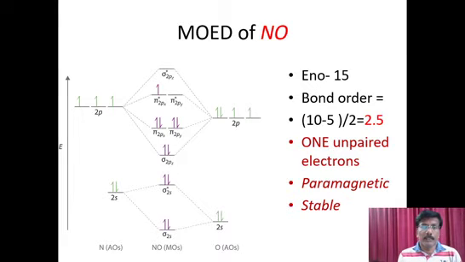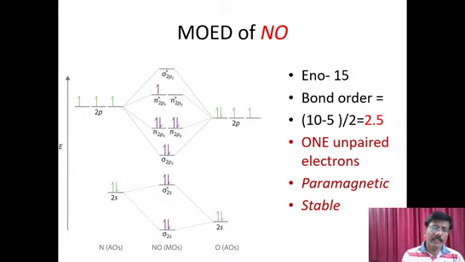We know that almost here the energy diagrams are a little bit closer, not that far away. Just now carbon and oxygen, here nitrogen and oxygen are nearly having the same energy levels, but still there is some gap. You can see 2s interaction is a little bit up and down. You can see this nitrogen is at a higher level, oxygen is at a lower level, 2s. Similarly, 2p also has a little bit of difference.